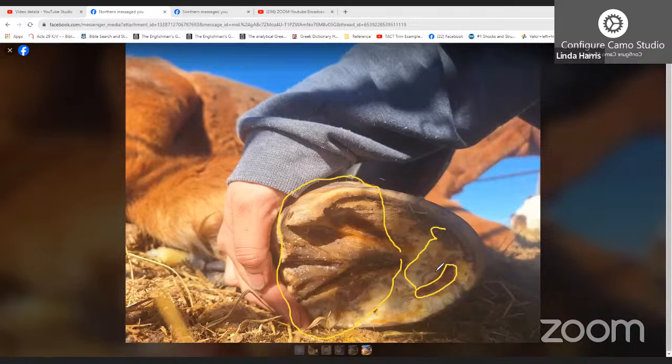Whenever that happens, the sole that was growing from that part of the sole corium becomes disconnected, as if you tore a fingernail off. But it's still on the capsule, and you don't even know it's there until you find a soft spot, or you remove something and pus comes squirting out.